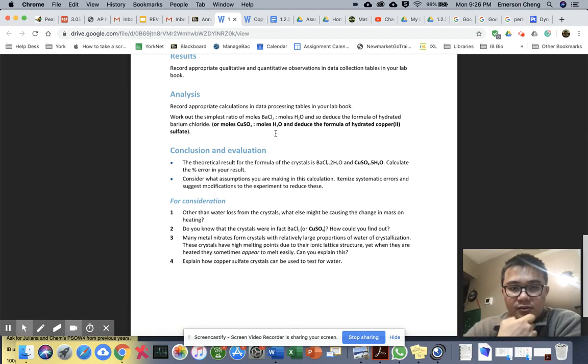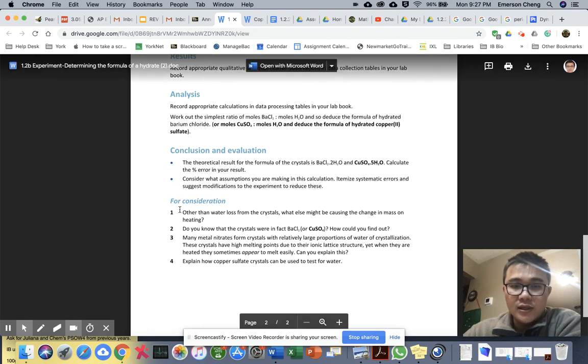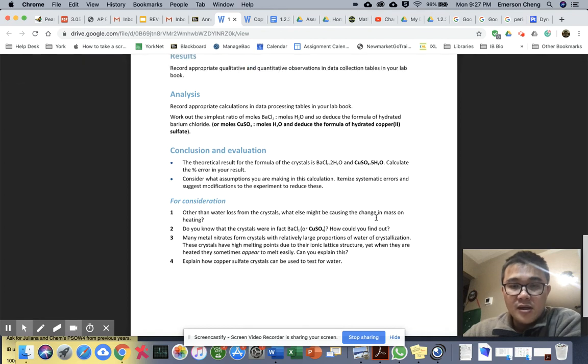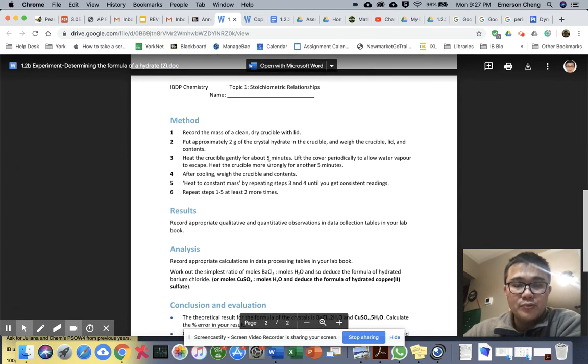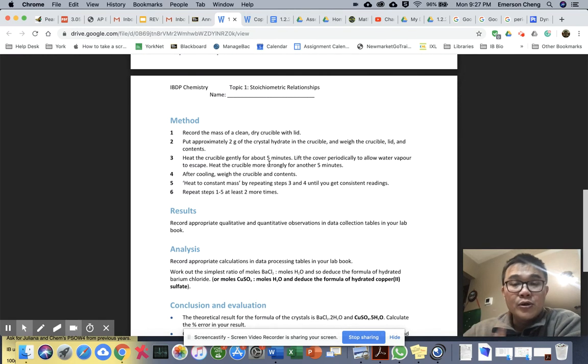In terms of the evaluation part, you want to think about whether you let the steam leave the crucible. Keep in mind you have to be careful though. Maybe look at your past half unit tests to go over that. You want to think about what other water loss might cause a change in mass. What happened during the experiment that could potentially result in an increase of mass?